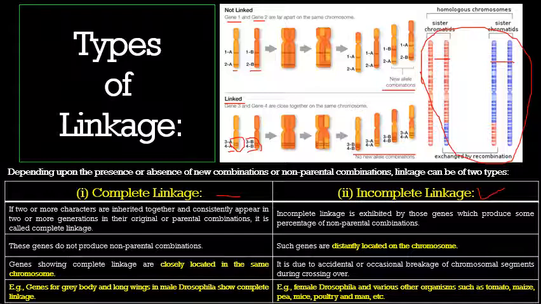Here we can see generation after generation, no new combination occurs, only original or parental combinations occur, so it is called complete linkage because the genes are closely linked.